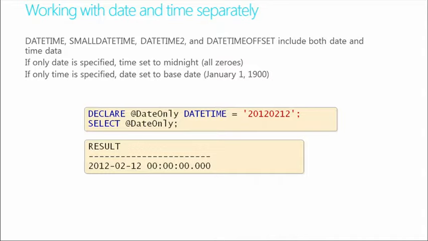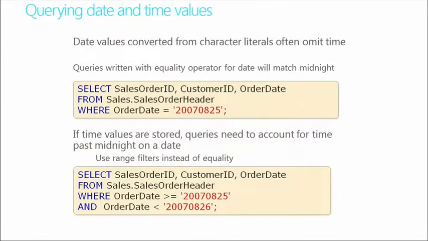So just some awareness of the different results that you'll see depending on what you're trying to do with the date and time. And it's obviously more efficient to use our new date data type or time data type if you're just interested in storing a time or a date.